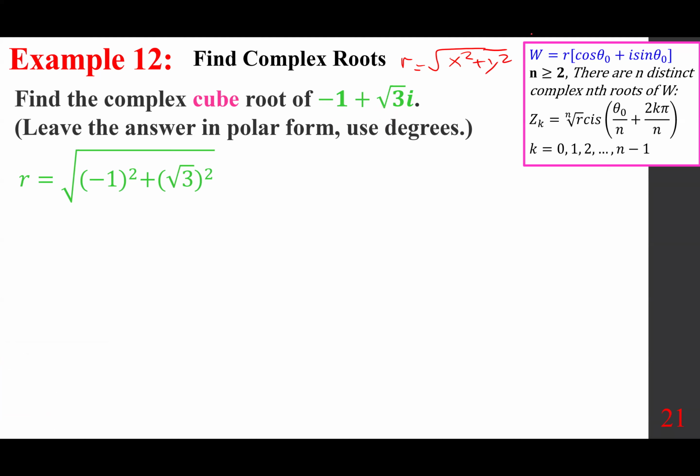Okay, so everybody knows that. 1 and 3, they add up to 4, so it comes out as 2.